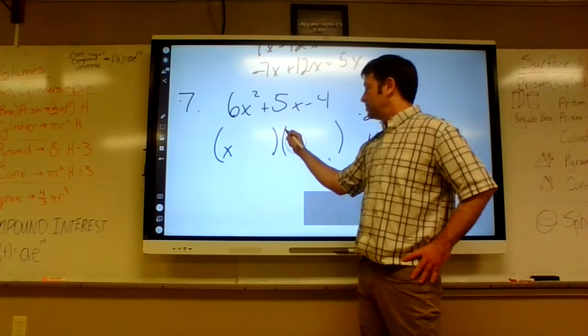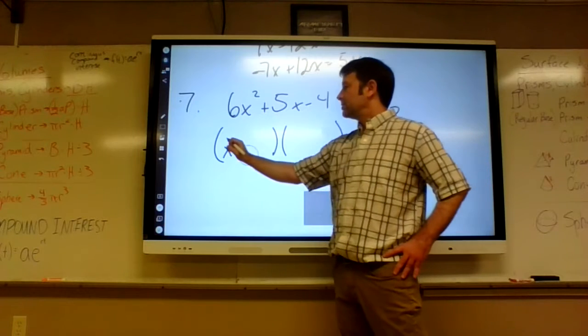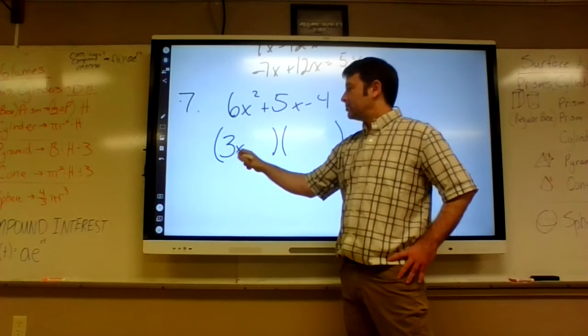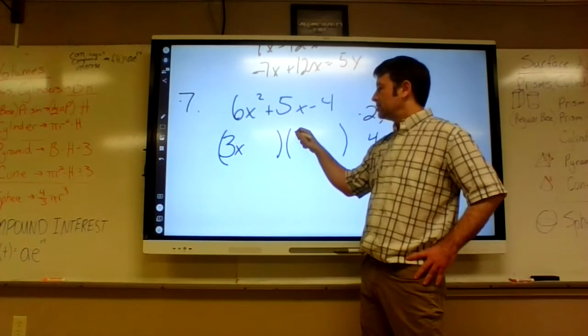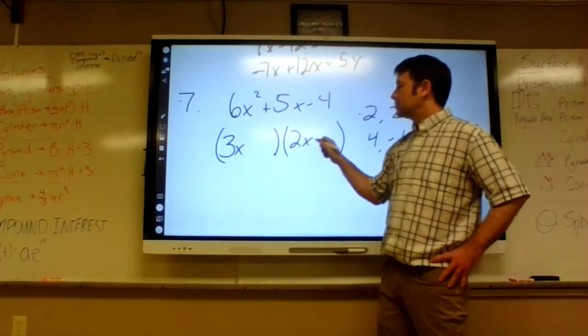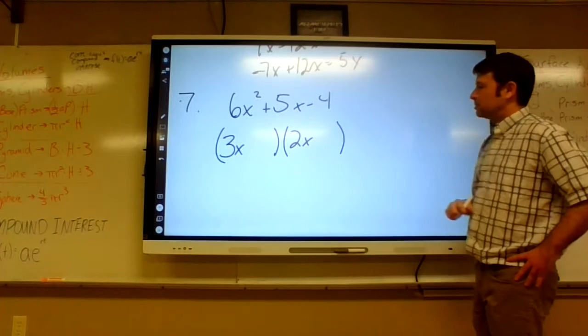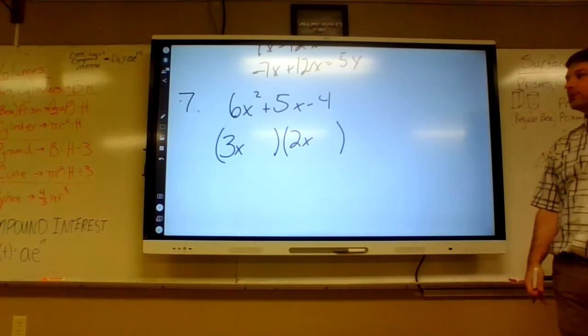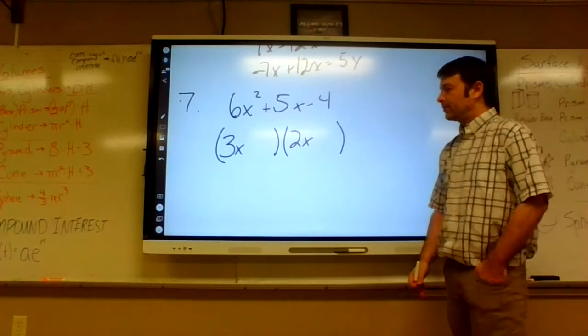Remember how I said that they don't usually use the extremes, although sometimes they do. I think on this one it's actually going to be 3x and 2x. If you're not sure, the only thing you can do is just try it out and see if it works. And hopefully you get lucky and the first thing you try works.